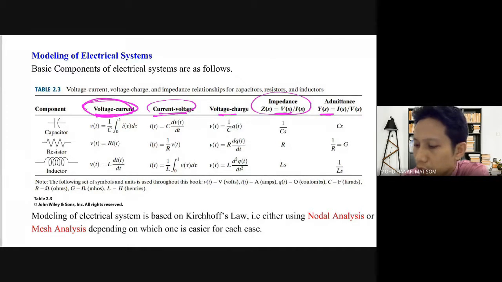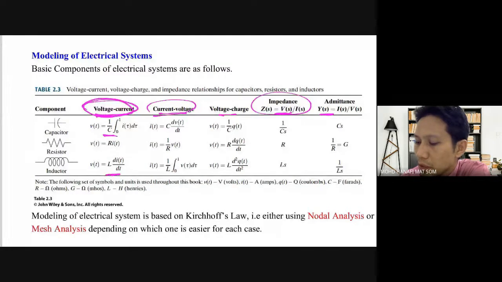So V is equal to 1 over C of the integration of i dt. For the resistor, we have v(t) equals R i(t). And for the inductor, we have v(t) equals L di over dt.